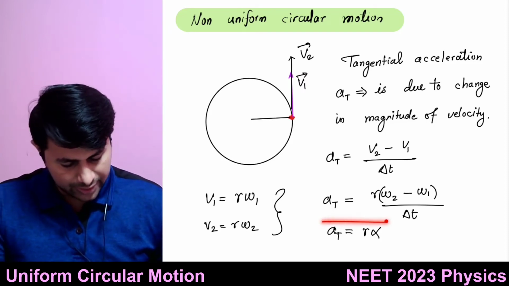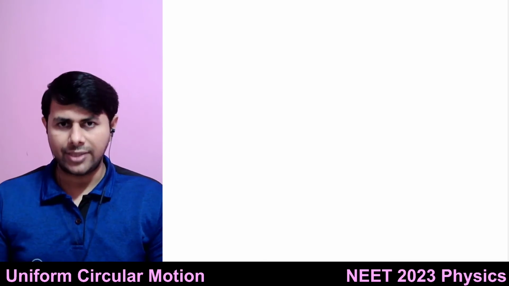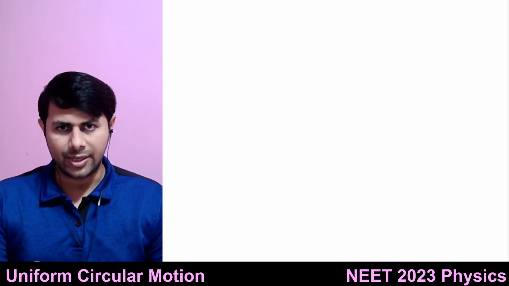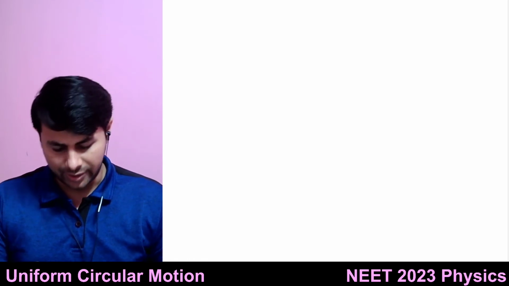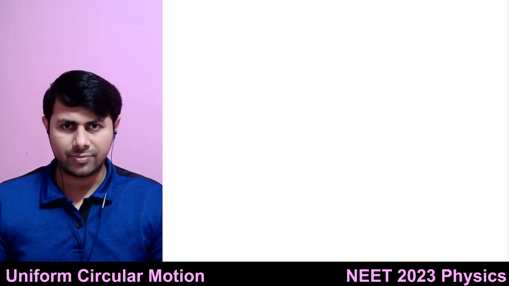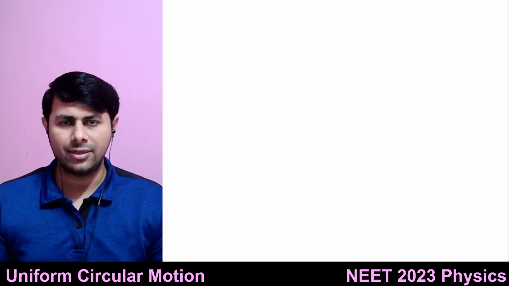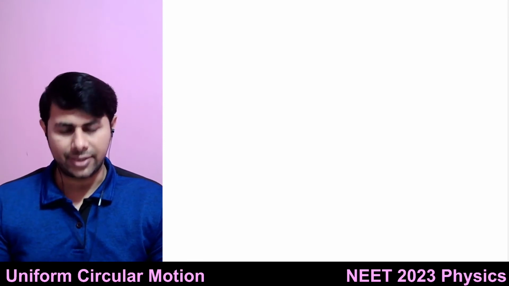Okay, we have tangential acceleration, we have centripetal acceleration. So what will be the total acceleration in non-uniform circular motion? It will be the vector sum of the tangential acceleration and the centripetal acceleration.